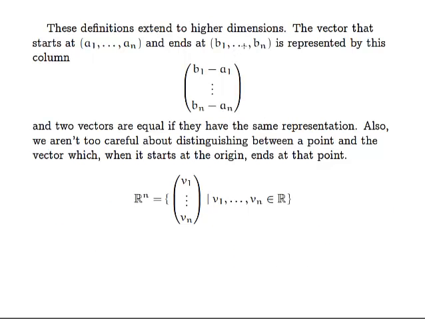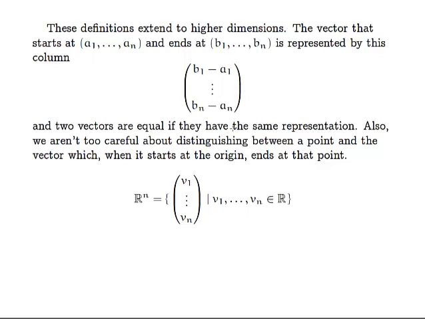These same definitions work in higher dimensions. If I have a higher dimensional space, an n-dimensional space, instead of having 2 components in my list, I'm going to have n components, and each component gives the difference between the corresponding coordinate.